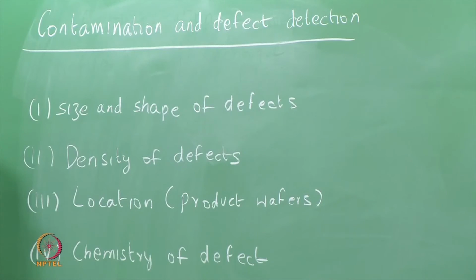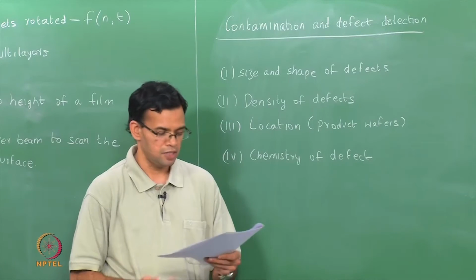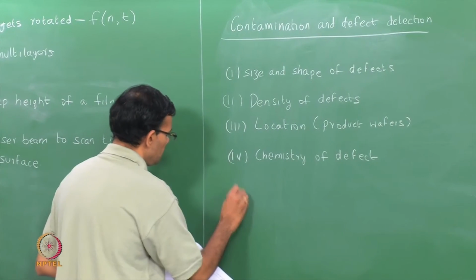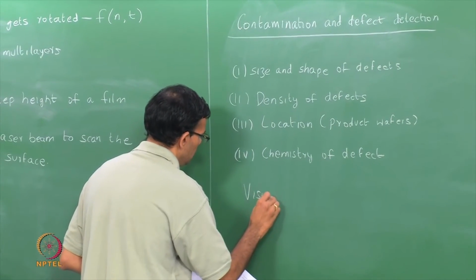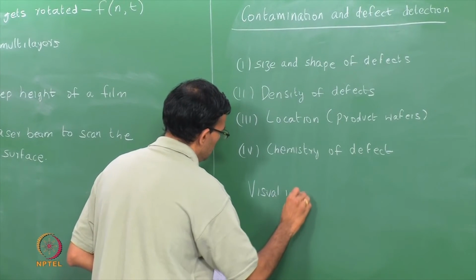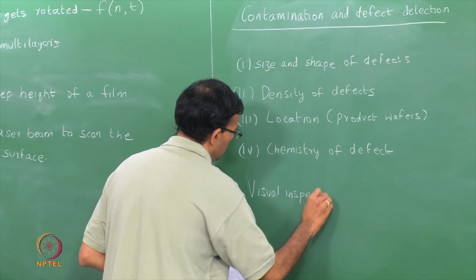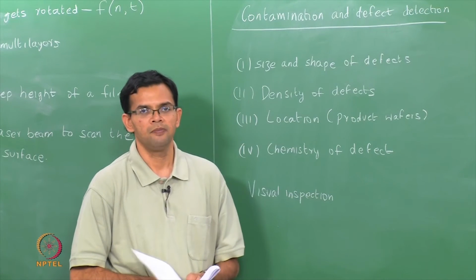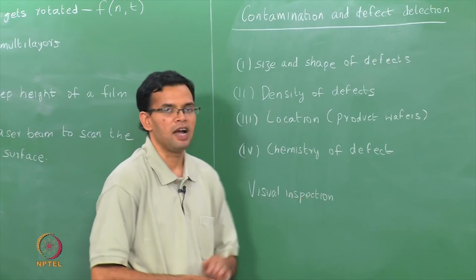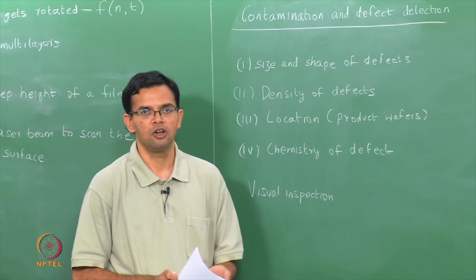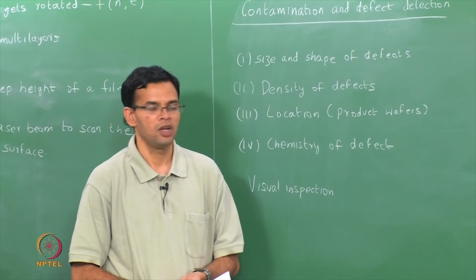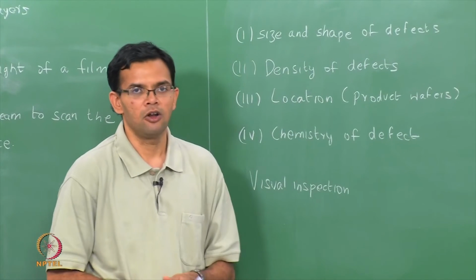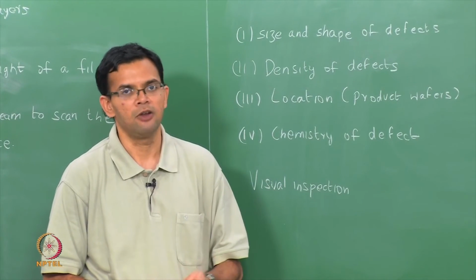So, the simplest way to look at defect density is some sort of visual inspection. This can be done with the naked eye, but now we know that we have devices whose dimensions are of the order of nanometers. So, typical defects are also of the order of tens of nanometers.